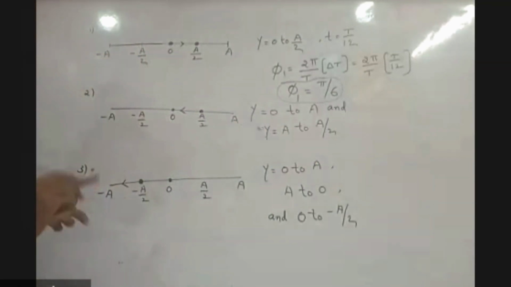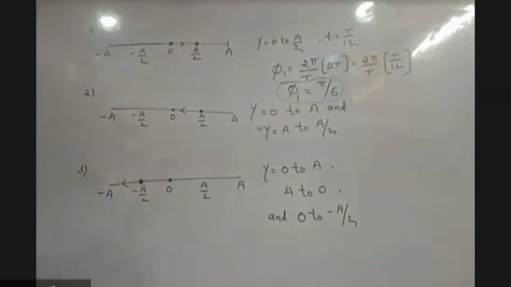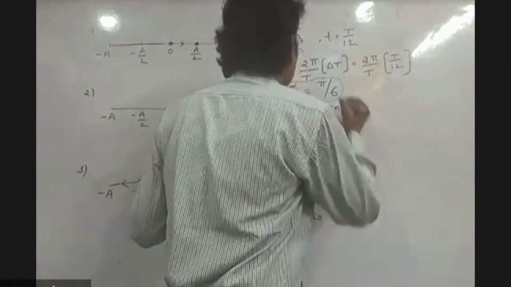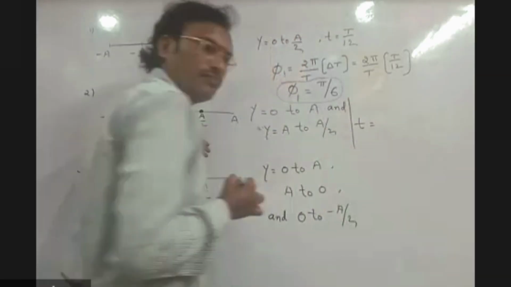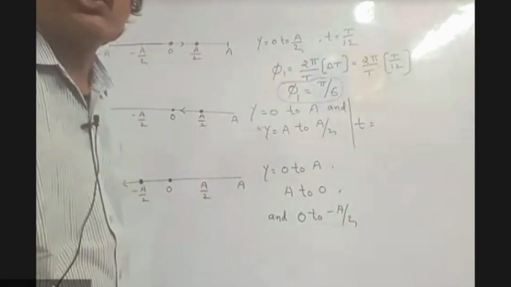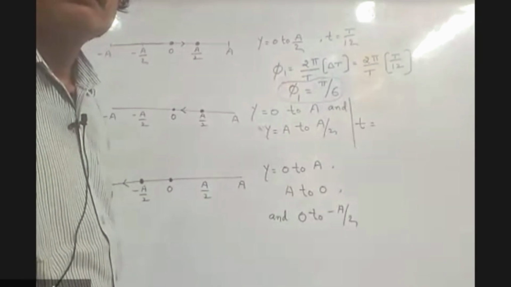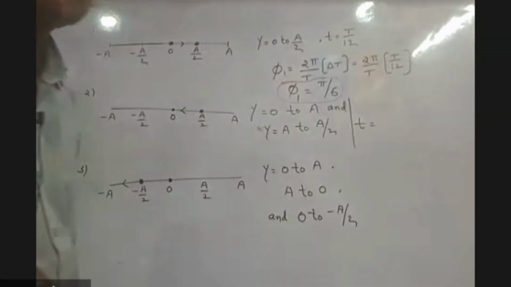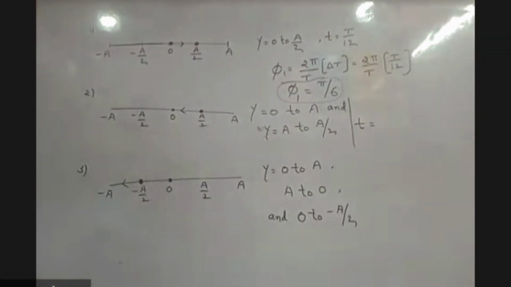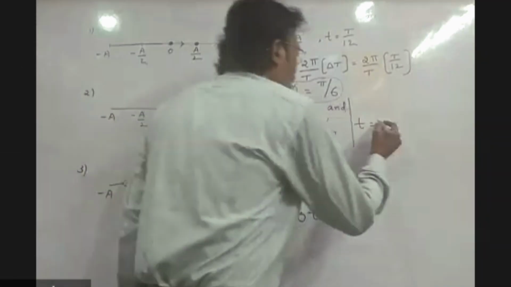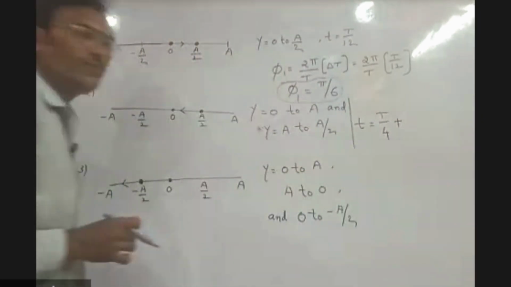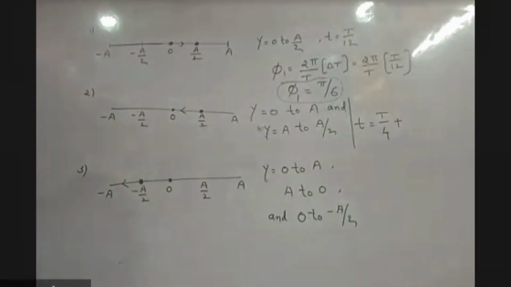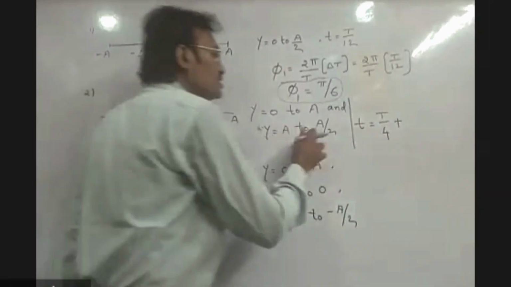From 0 to A, the time is T by 4. Need to remember T by 4. And again from A to A by 2, that is T by 6.